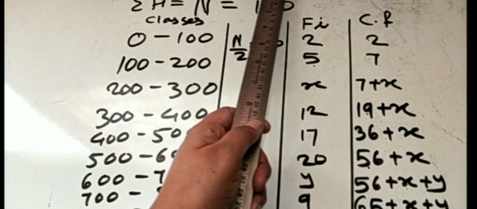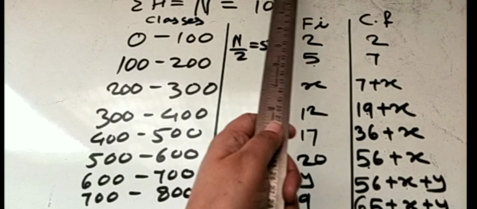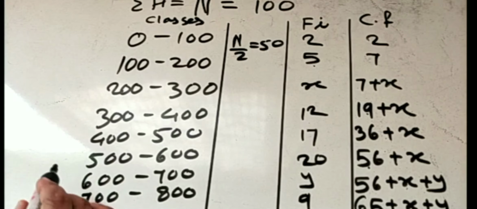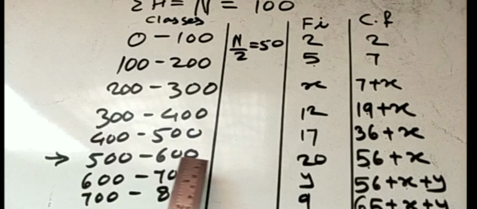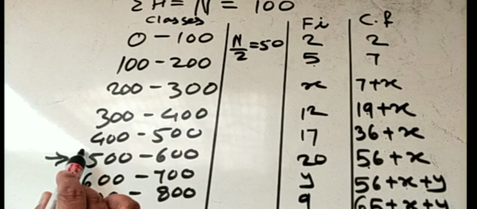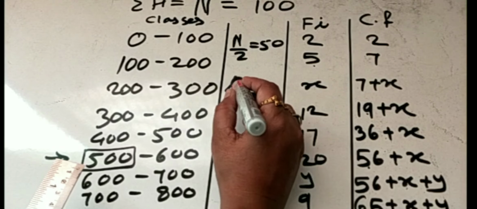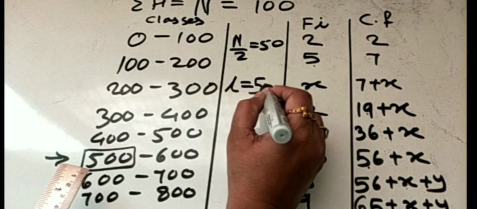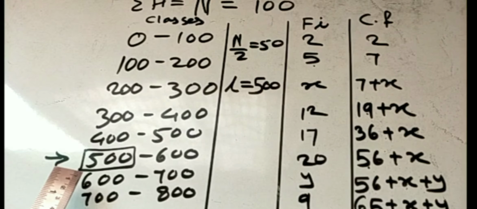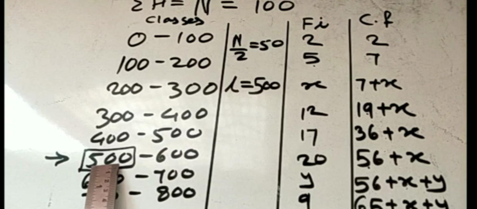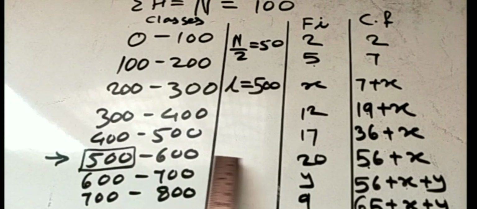As the median is given, we can write directly that 525 is present in the class 500 to 600, which means this class is the median class. If this class is the median class, then the lower limit of the median class is 500. So here we write L is equal to 500. Okay, we have written the value of L, and here we have N by 2. Now the frequency of 500 to 600 is 20.